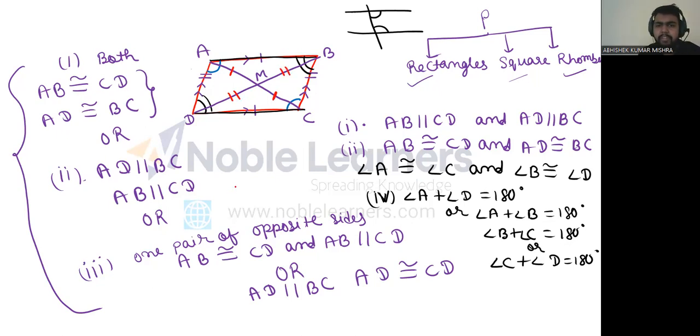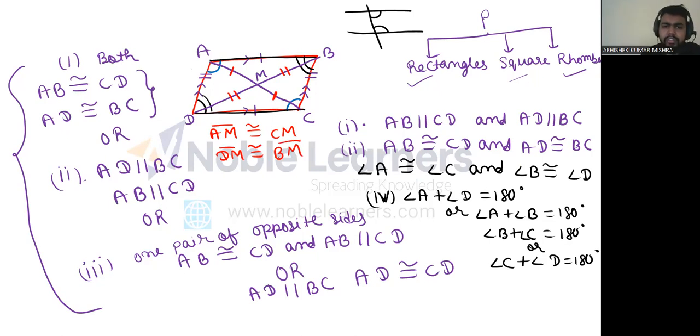That means the diagonals of a parallelogram are bisecting. That means segment AM would be congruent to MC, and in the same way, line segment DM would be congruent to BM. So I'm writing BM here. That is the case to which I'm pointing.